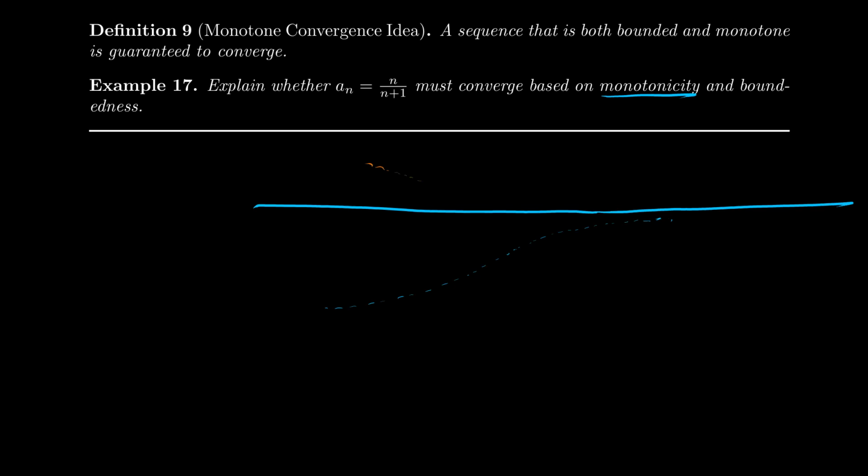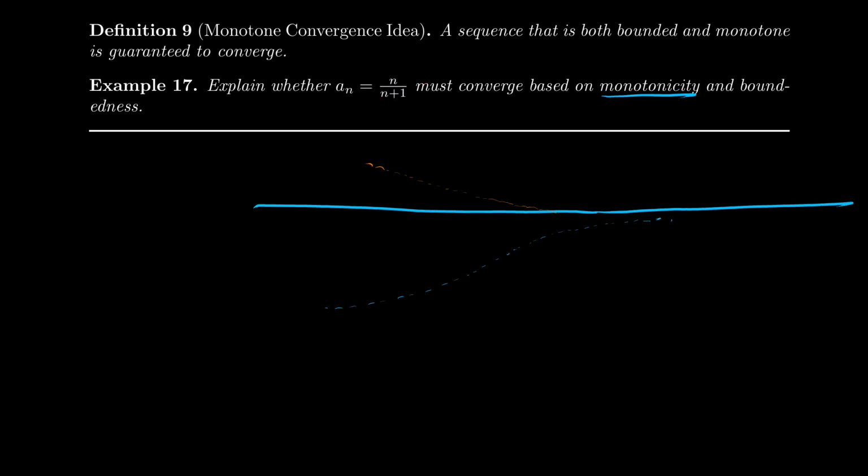If it's always decreasing, but it's bounded by the blue line also, then at some point it has to converge. It has to converge to the blue line. That's how that is. So we want to know whether this, just based on monotonicity and boundedness, is going to converge or not. Well, then let's think about that. Okay?